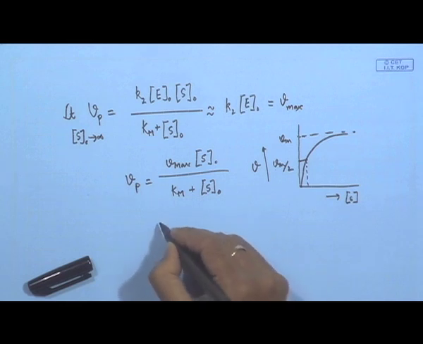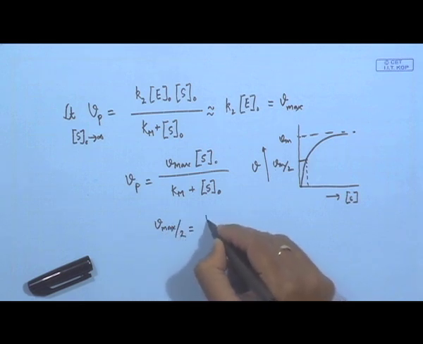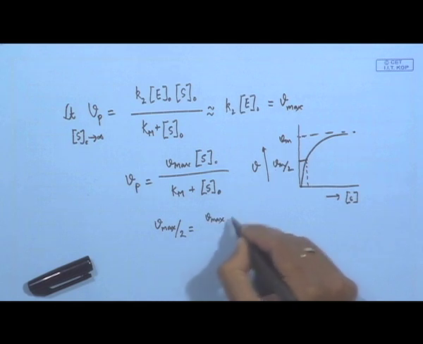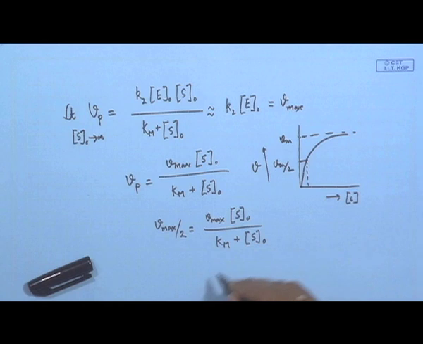Let us see. Vmax by 2 is equal to Vmax S0 divided by Km plus S0.